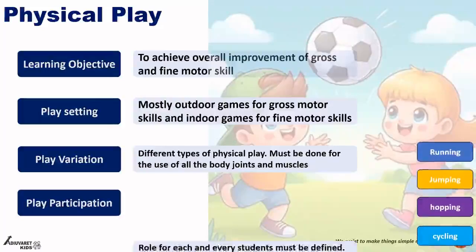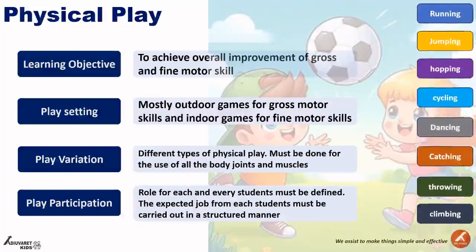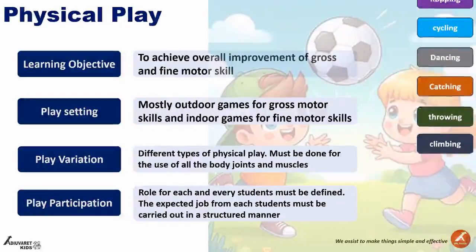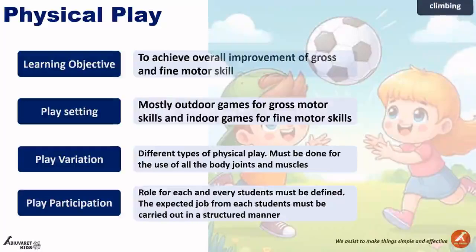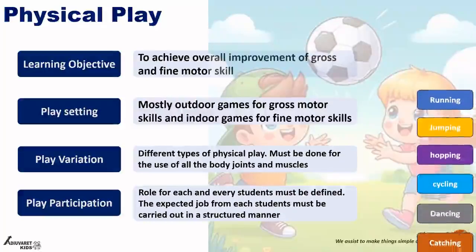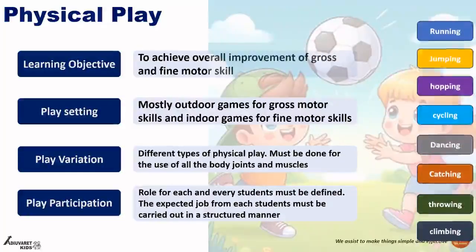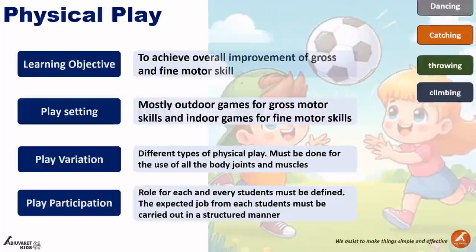Now coming to play participation, how the play will be participated in by the children and the teacher. The role for each and every student must be defined. That's very important for any kind of physical play. Otherwise, there may be chaos, with children running here and there, and there will be hardly any control if the role for each and every child is not defined.